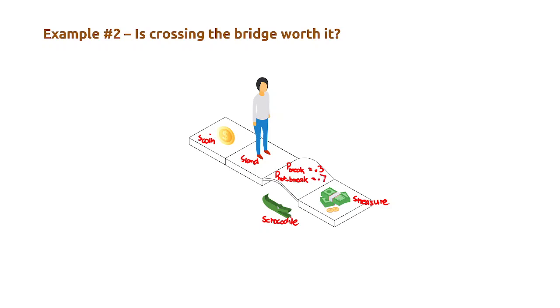So this just means that there is a 70% chance that the agent will successfully cross the bridge and get the treasure, and there is a 30% chance that the agent will not get the treasure because the bridge will break and the agent will fall into the crocodile.